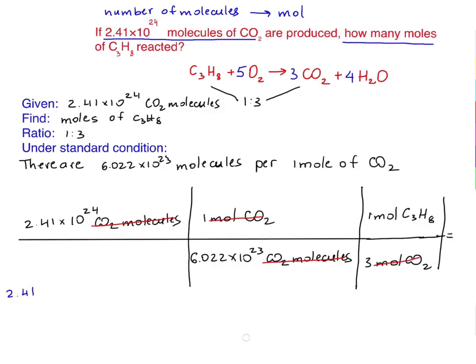Always make sure you cancel the units before you solve for the numbers, and make sure you write them in the correct order, which one goes on top and which one goes on the bottom. That defines what you need to find, what unit you need to end up with, which is moles of C3H8.